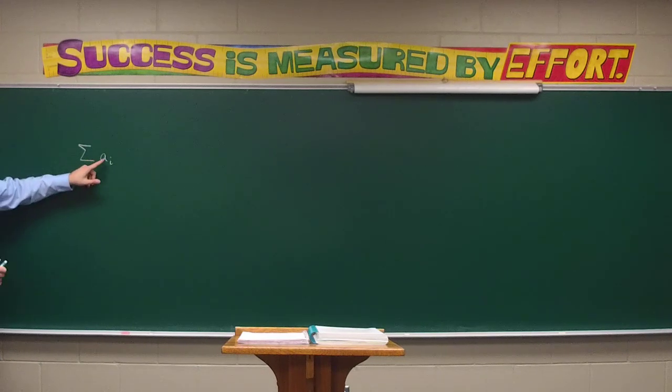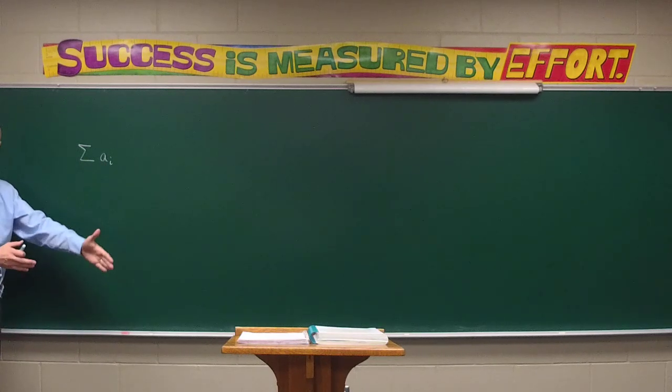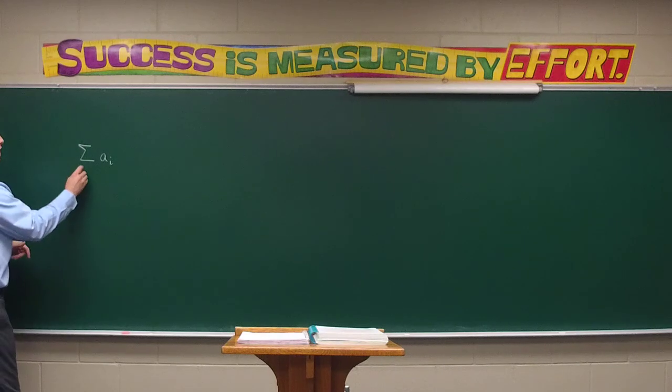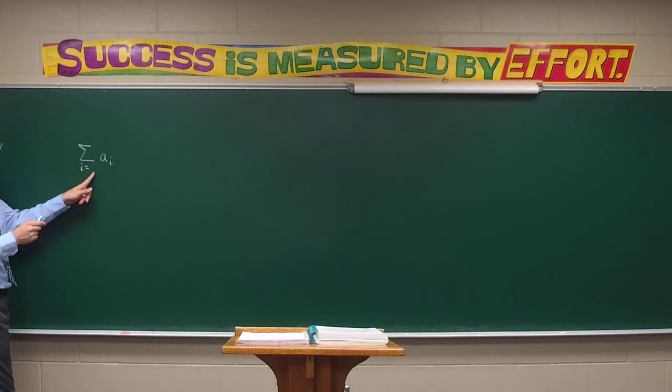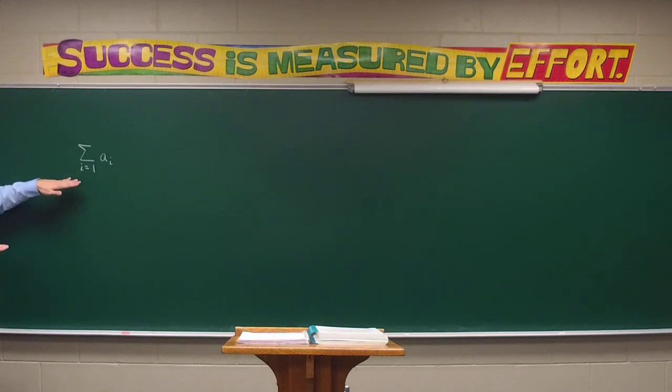And then the a sub i means for all of the terms in the sequence that we're adding together. We're going to start with term number blank, and go up to term number blank. We start by identifying the smallest value we will plug in. That smallest value, class, is referred to as the lower bound. Oftentimes it's going to be a 1, and I'll show you later how we can adjust that.